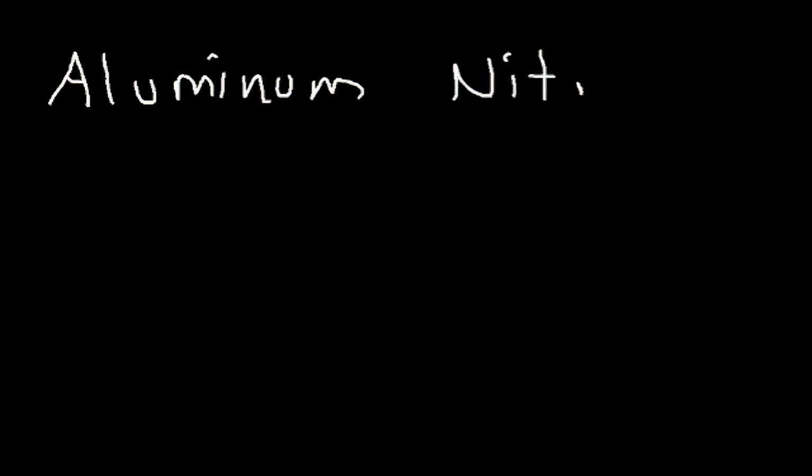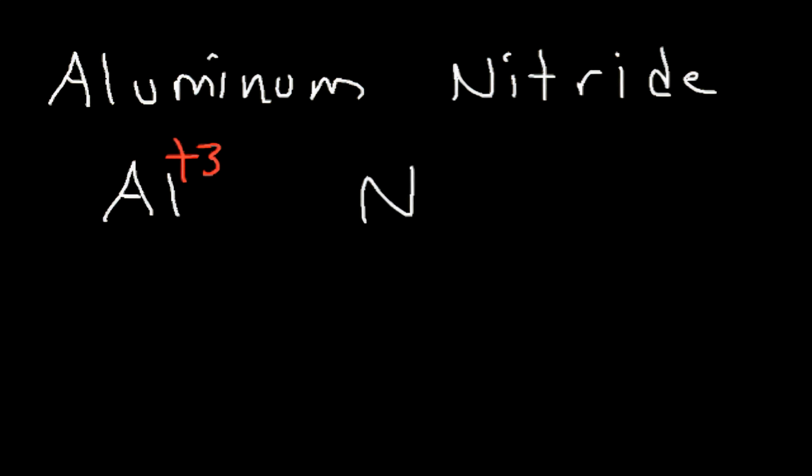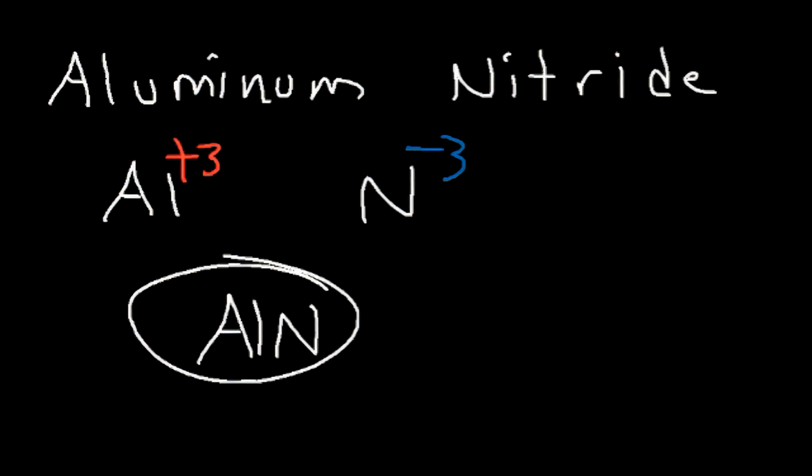Another example is aluminum nitride. Aluminum is in group 3A of the periodic table, so it has a plus 3 charge. And nitride is a group 5A element and it has a minus 3 charge. So here the charges are the same, so you can simply write them as AlN. So that's the first thing that you want to keep in mind.